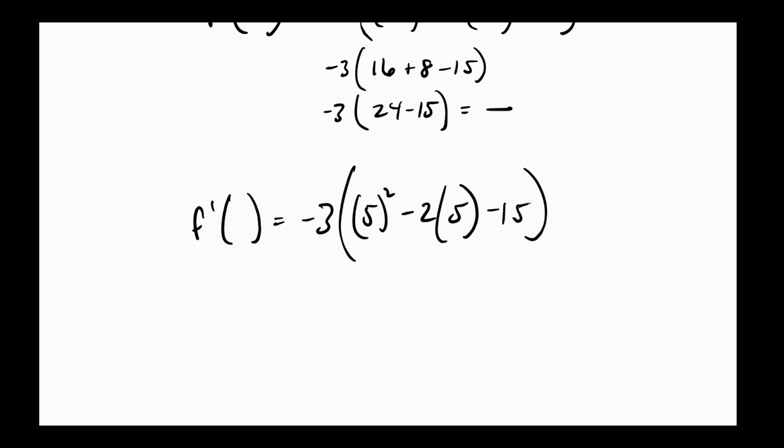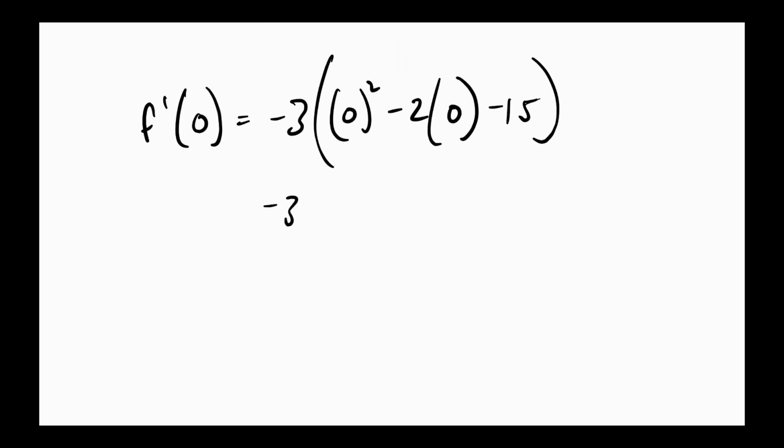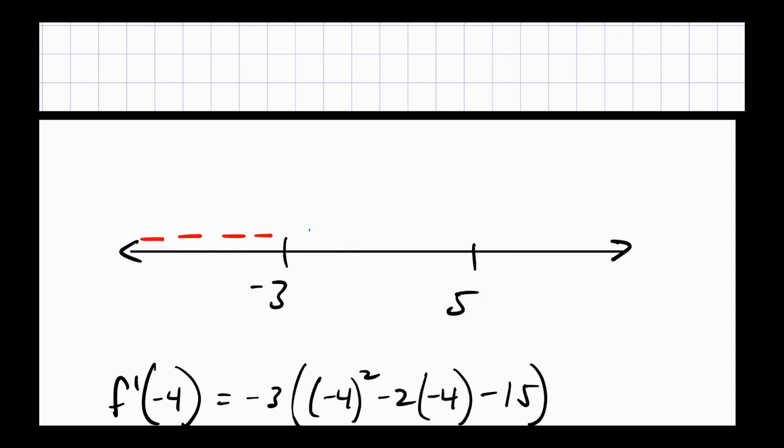So everything cancels out, and all I'm left with is negative 15. Negative 3 times negative 15 makes a positive 45, which is positive. Let me go back up here and put some pluses.